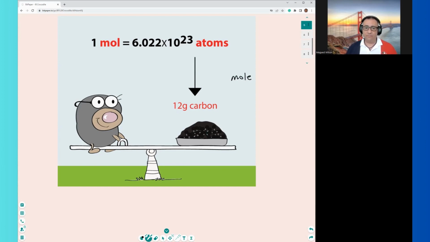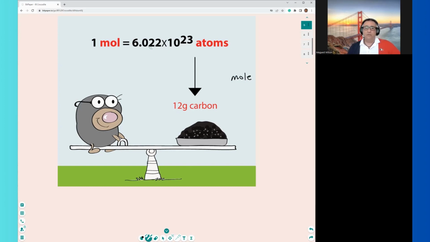If we take 12 grams of carbon-12 and count how many atoms are in these 12 grams, you will find 6.02 times 10 to the power of 23 atoms, which is Avogadro's number. This quantity is 1 mole.